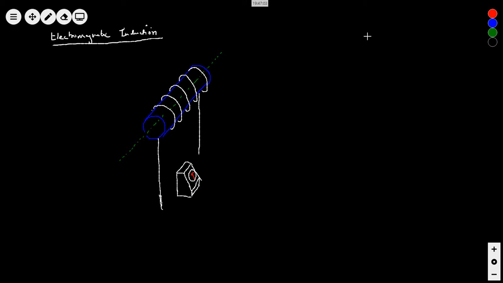Here is our circular frame, and there is a needle standing, a pointer.